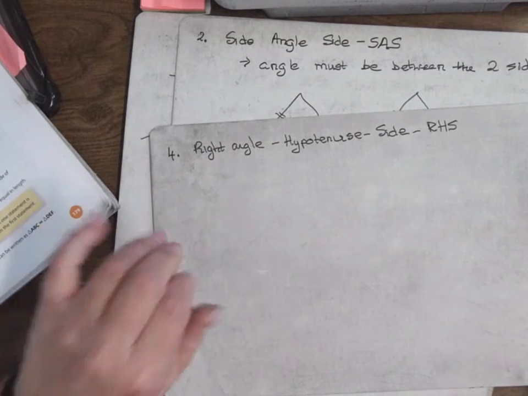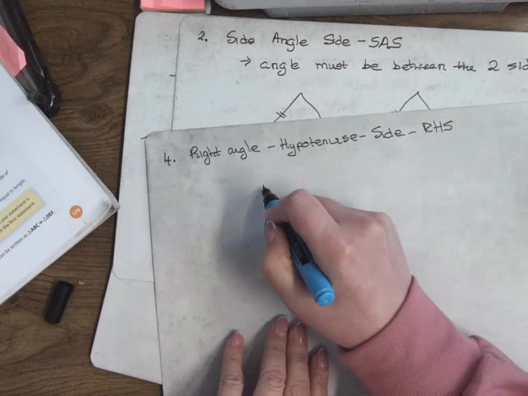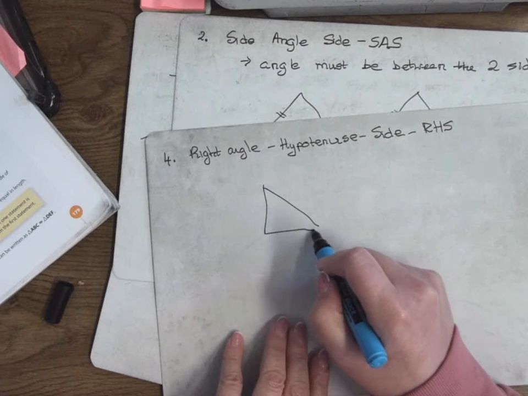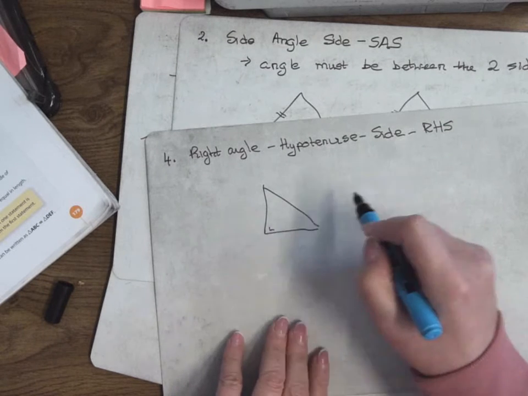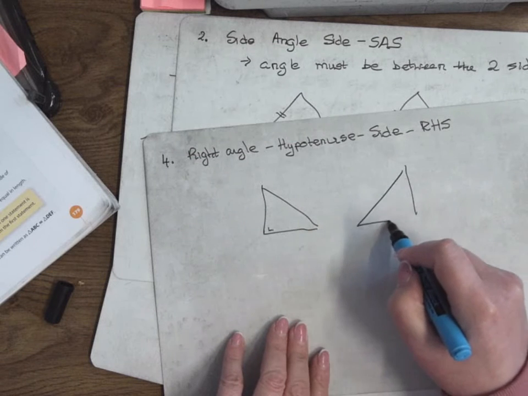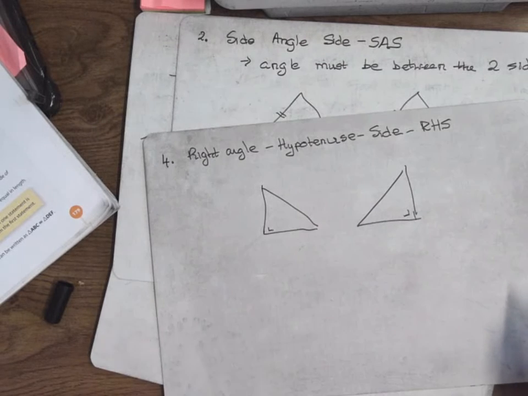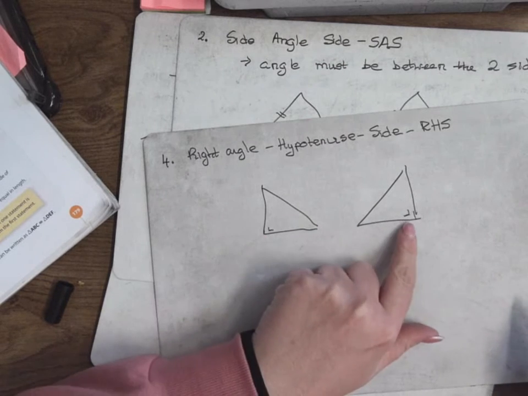So this is specific to right angle triangles, obviously. So if I have a triangle here with a right angle in it, and I have a triangle, I'll draw it backwards just to be different. A triangle here with a right angle in it, and I'm trying to prove they're the same. So the right angle equals a right angle.